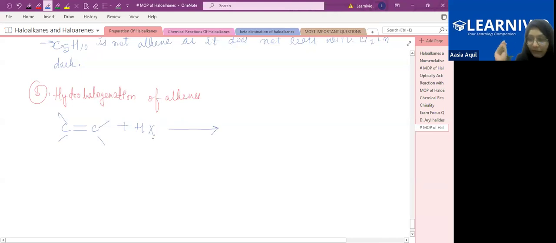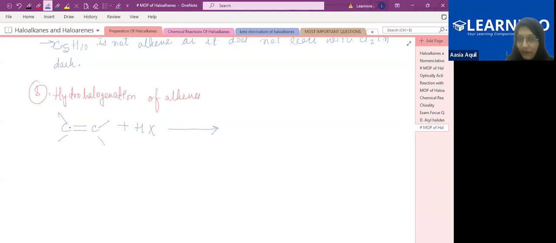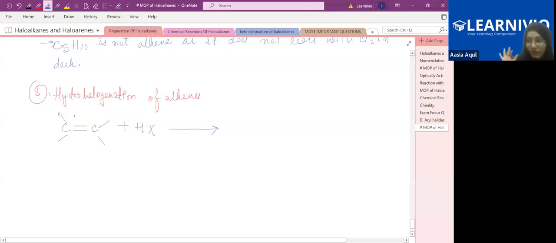Listen carefully. If it is a symmetrical alkene, just like ethene, meaning both the carbons have the same number of hydrogens, you can attach the hydrogen to any of the carbons, and to the other carbon you attach the X. So H and X will come over here.